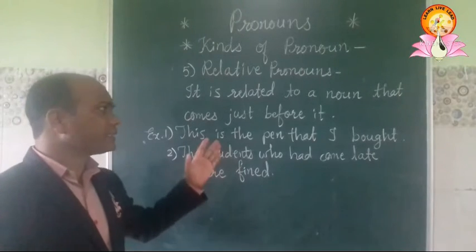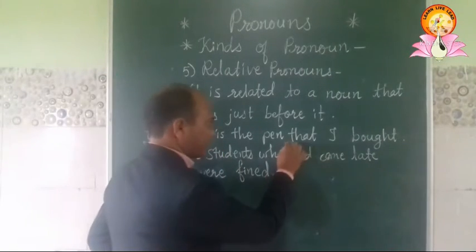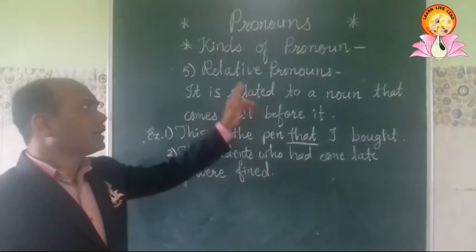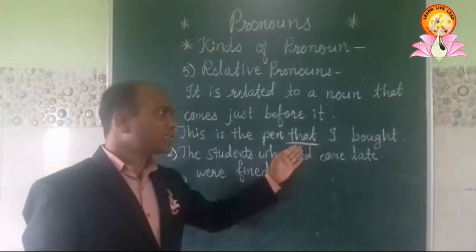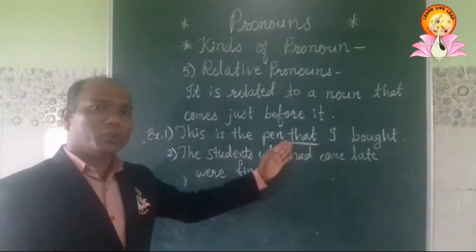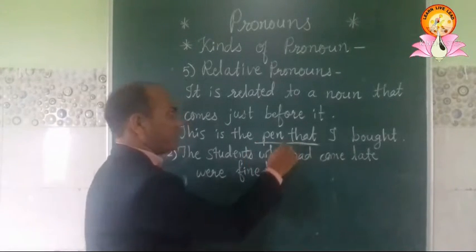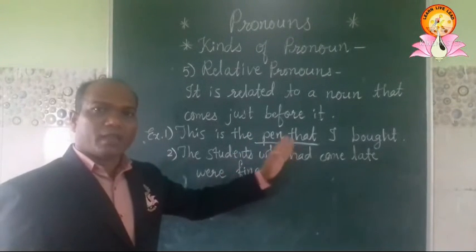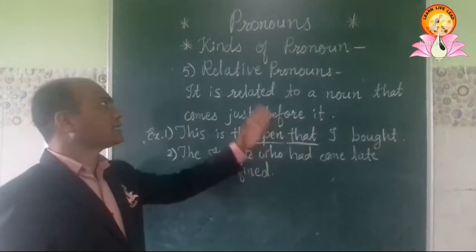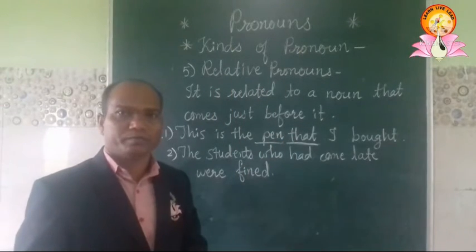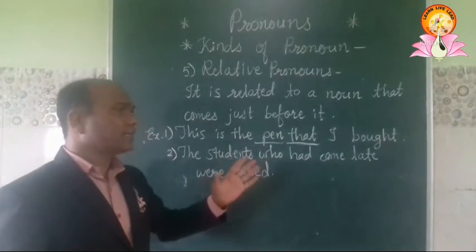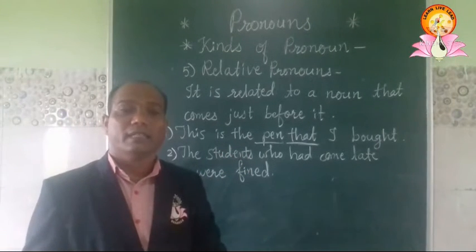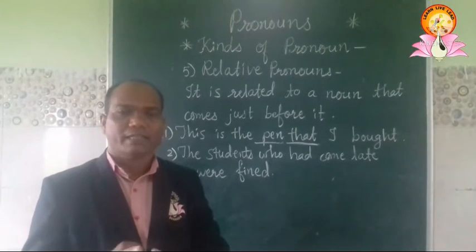Here in this sentence, that is a relative pronoun because it is related to the noun pen which comes just before it. That's why it is called a relative pronoun. The noun that comes just before the relative pronoun is also called its antecedent.